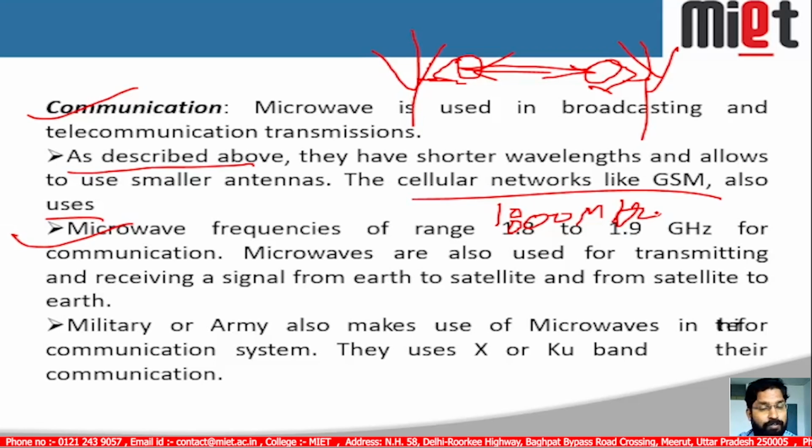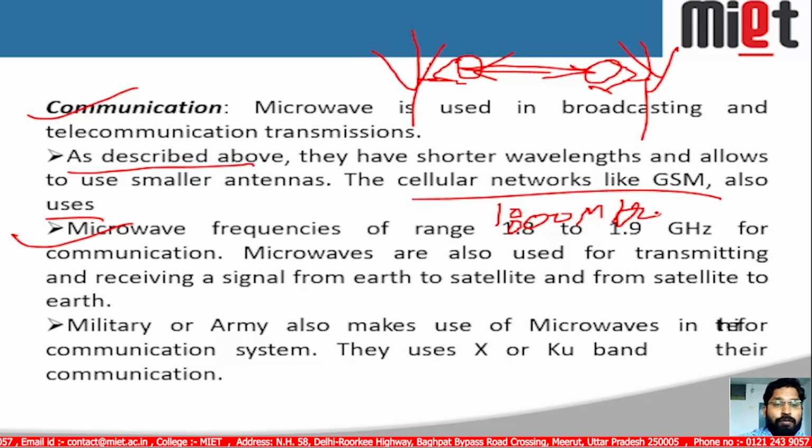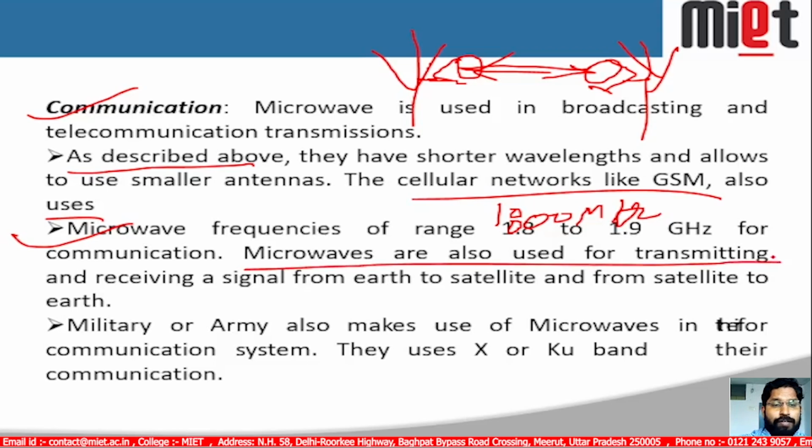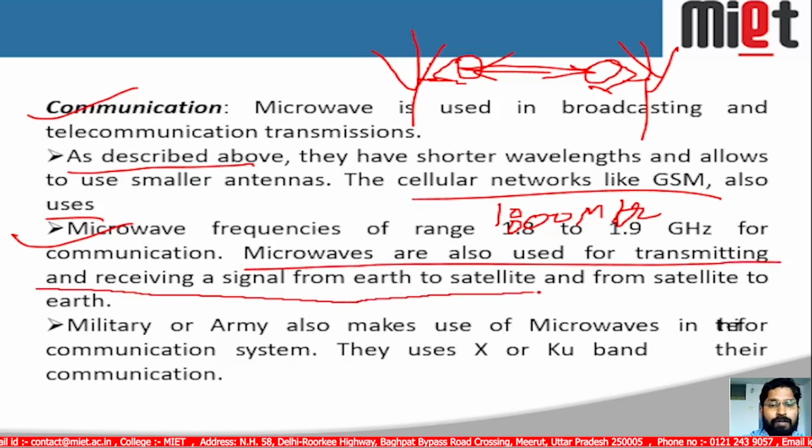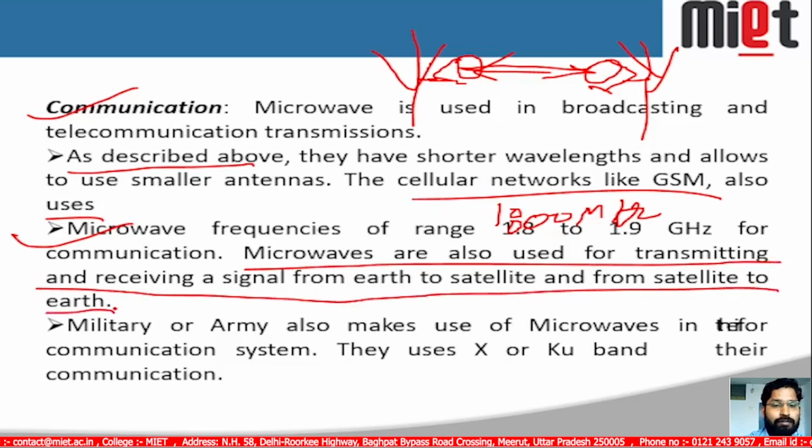2.1 gigahertz for 3G application, and 2.3 and 2.4 gigahertz we use for Bluetooth. There are different frequency bands used for different applications. Microwaves are also used for transmitting and receiving signals from Earth to satellite and satellite to Earth.